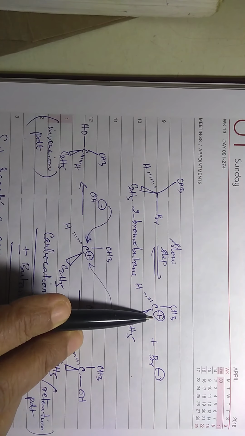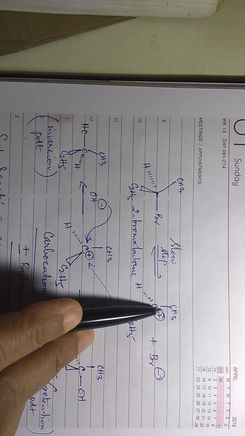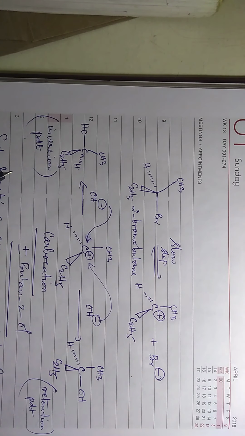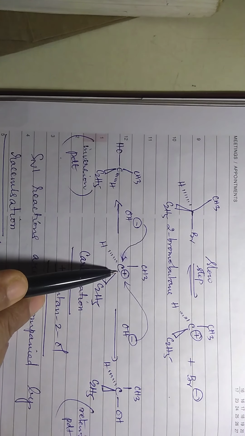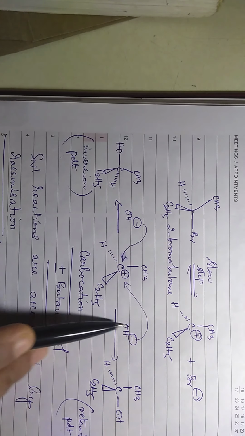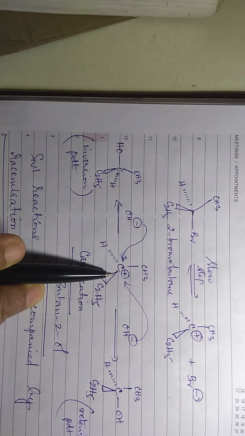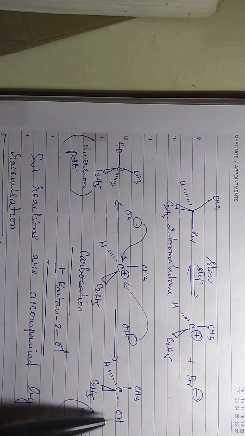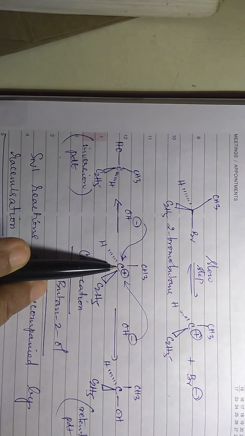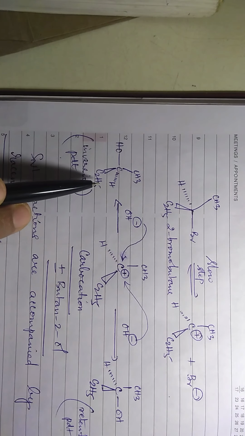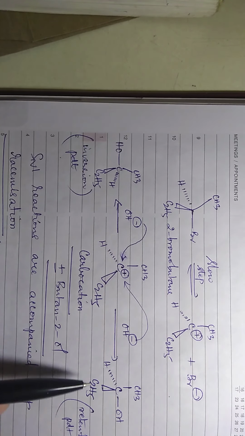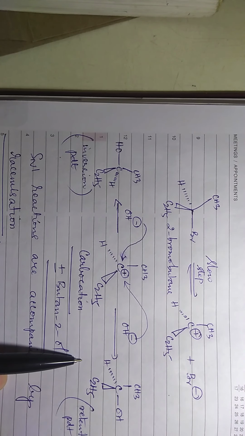In the slow step, a carbocation is formed. Now this carbocation is planar. Now OH minus could attack from the front. It could also attack from the back. If it is attacking from the front, then OH is here. If it is from the back, then OH is here. Now this product is the inverted product, and this product is the retained product.